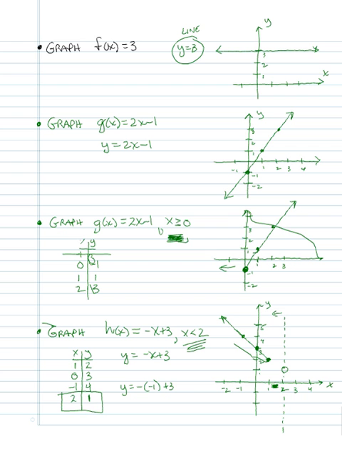But since I can't use 2, that point won't be there. But all of the points on the line right up to that position will be there. I've filled in the rest of the graph. I just can't use that one value of x that is 2. And so my graph at this end, since 2 is not allowed, would be an open dot instead of a solid dot like we had above.